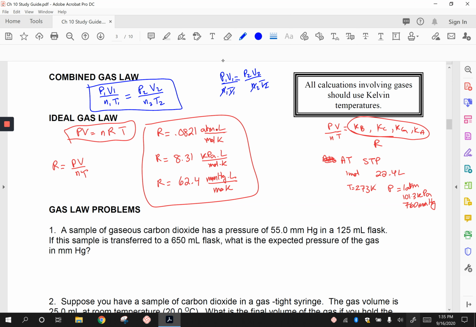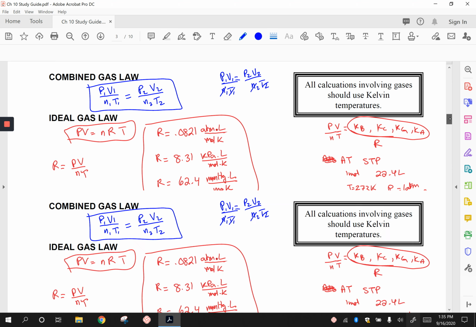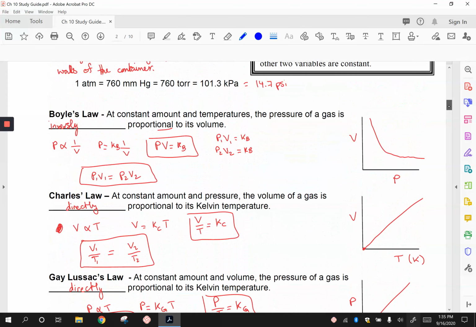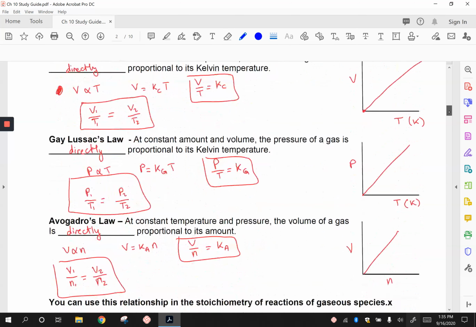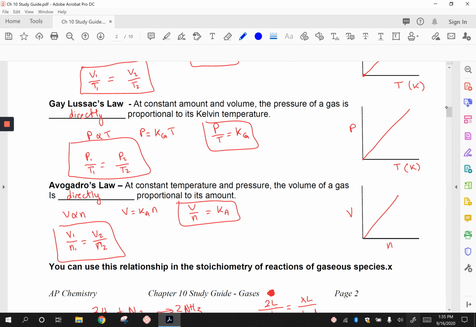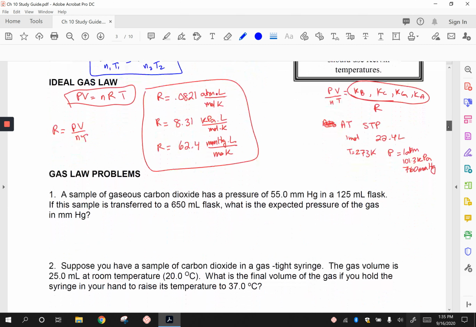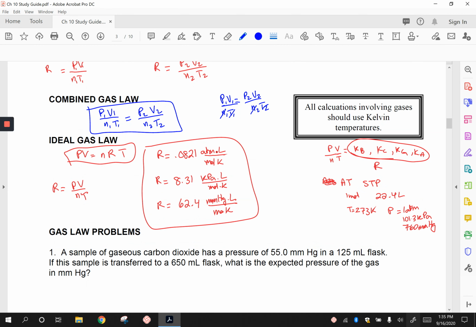I could do that with any two variables, where I cross out two variables and I get the relationship between the other two variables. And that gives me the relationship between any of those two variables, which is those four laws. So I no longer ever use these. I just use the combined gas law, this one, and I cross out whatever is constant.